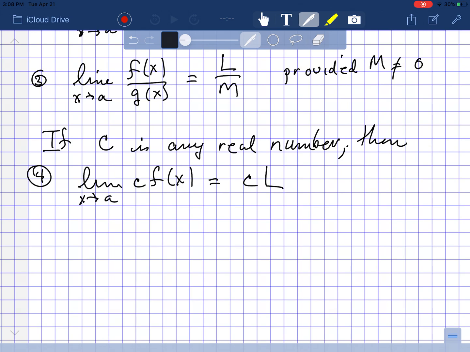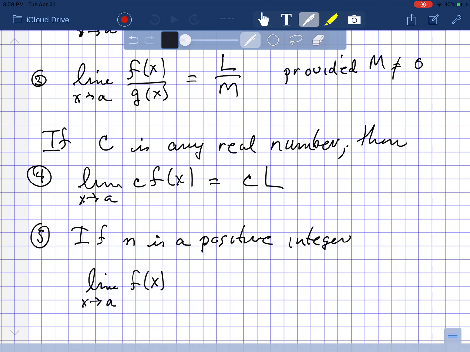If n, so I'll call this 5, if n is a positive integer, and I look at the limit as x approaches a of f of x raised to the n power, this is equal to L to the n power.